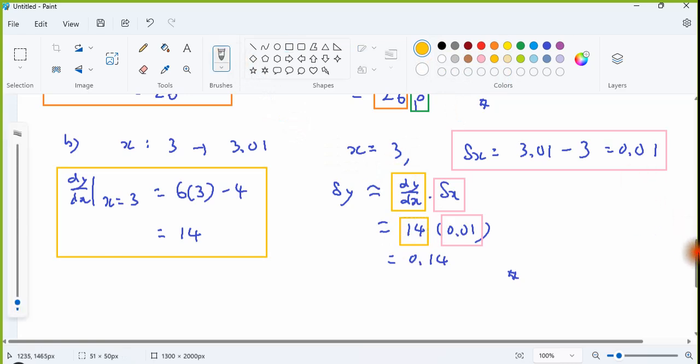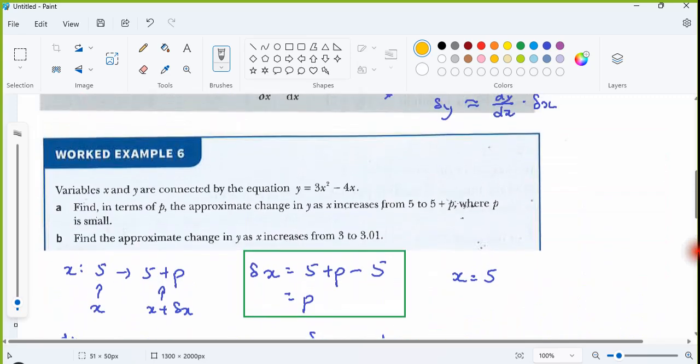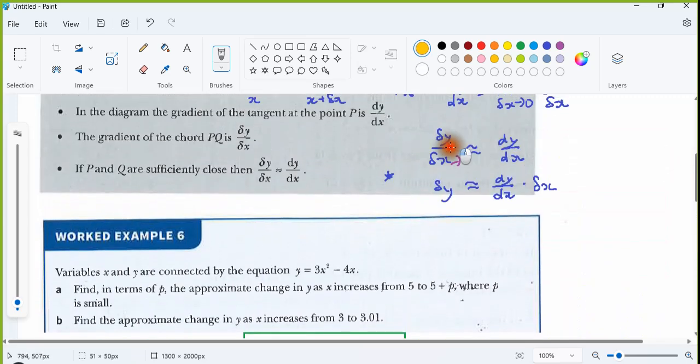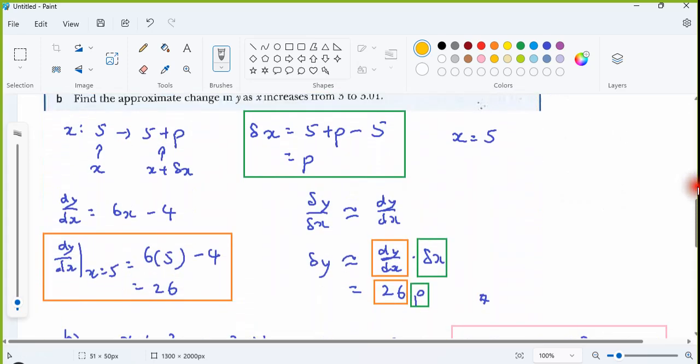So what is important here is that del y, the small change of y, the approximate change in y, is approximately dy/dx multiplied by del x.